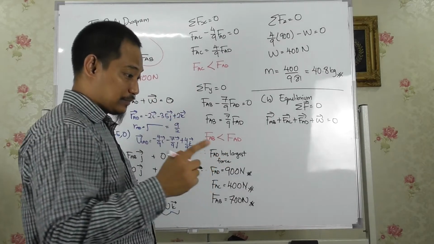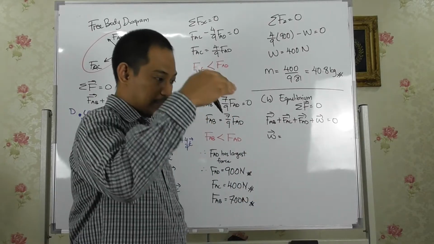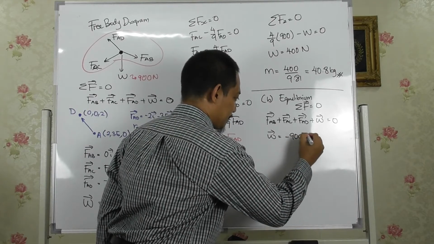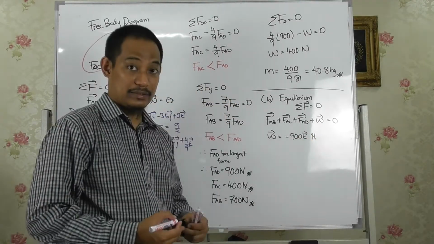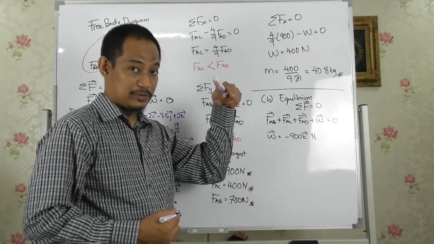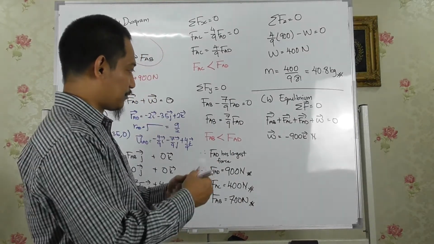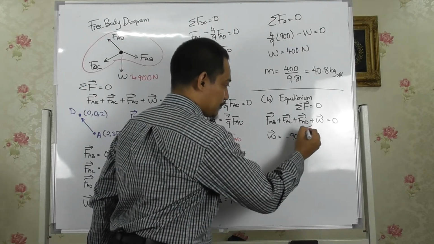Now we know that the question gives W is 900 Newton downward. So minus 900 k Newton, meaning it's 900 Newton downwards. So what will be the resultant force for this one? So what we need is the resultant force of all of these, right?